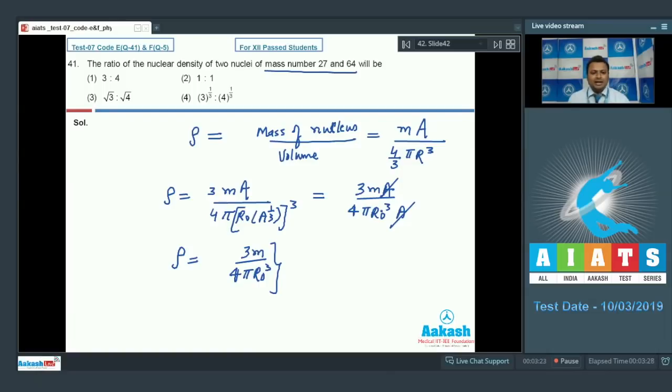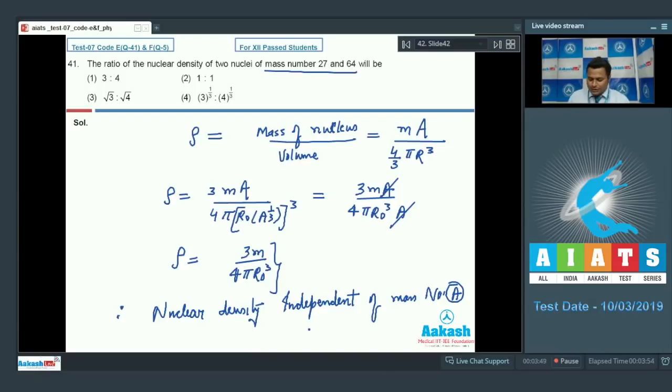Once again I am telling, the nuclear density is independent of mass number. So that's why their nuclear density will be same. Ratio will be 1:1. So we will go with option number 2.